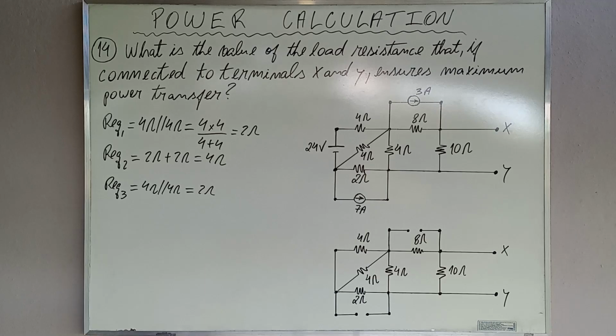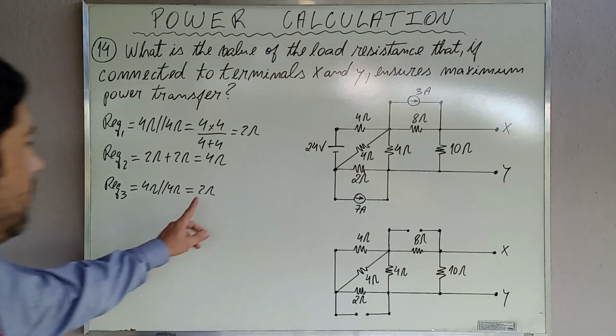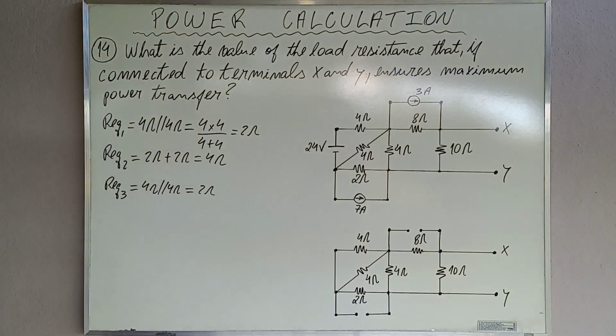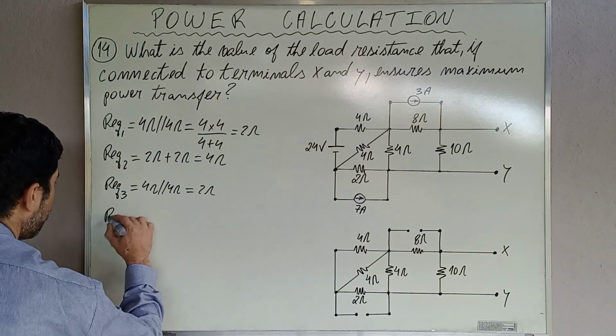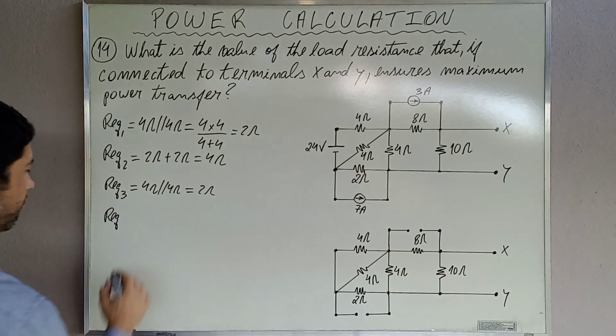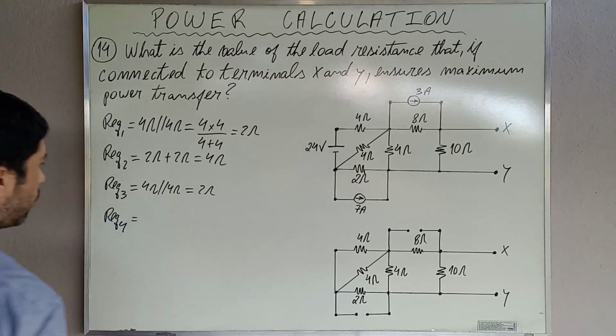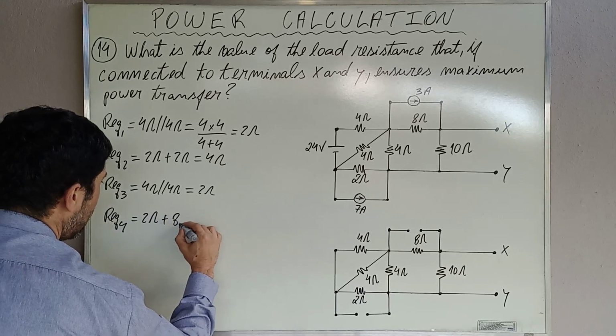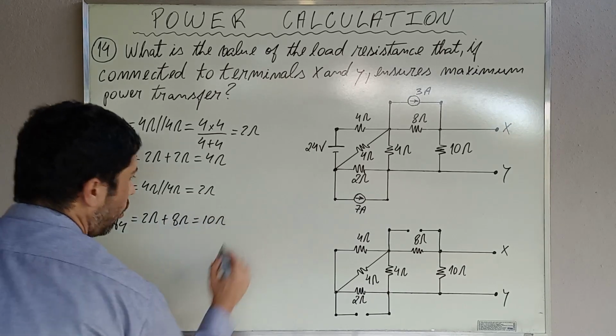This 2 ohms resistance will be in series with the 8 ohms resistance at the top. This will be in series with this. Thus, equivalent resistance number 4 is equal to 2 ohms plus 8 ohms, which is 10 ohms.